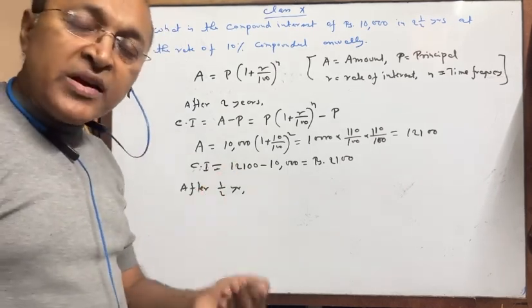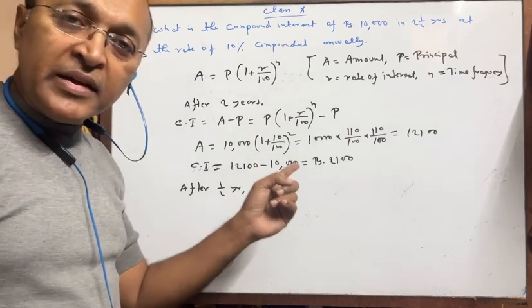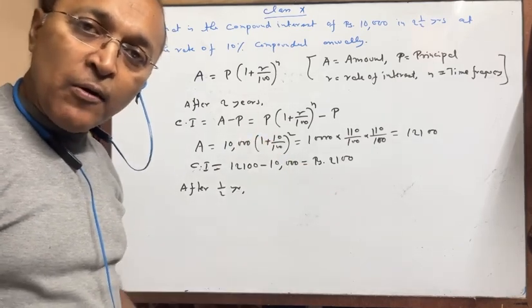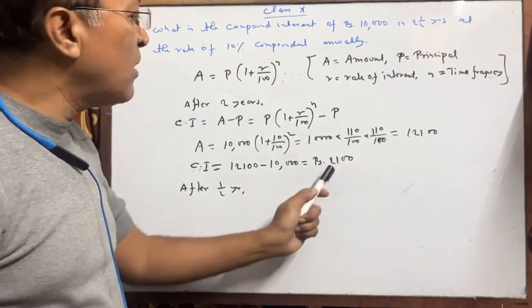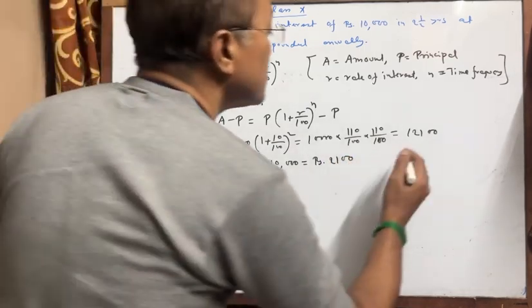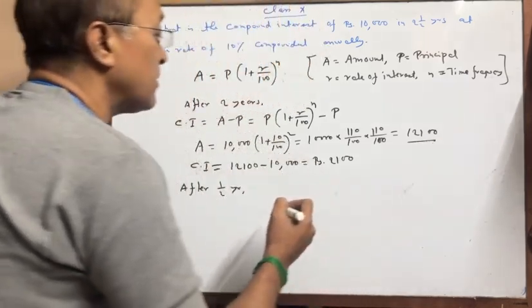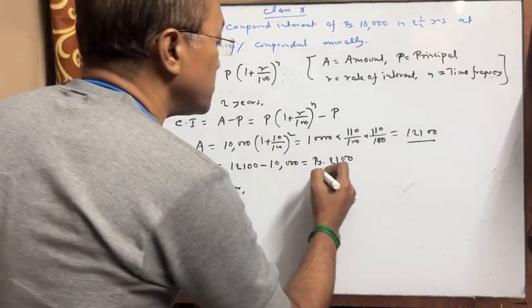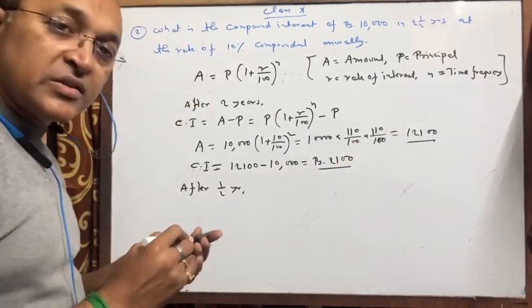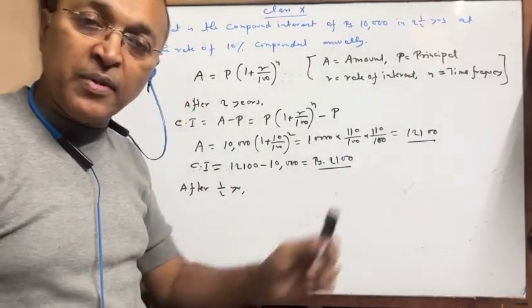Already after 2 years, directly implementing the compound interest formula, we got the amount as rupees 12,100, and interest becomes rupees 2100. All of you know that after 2 years, this amount becomes the principal, right?